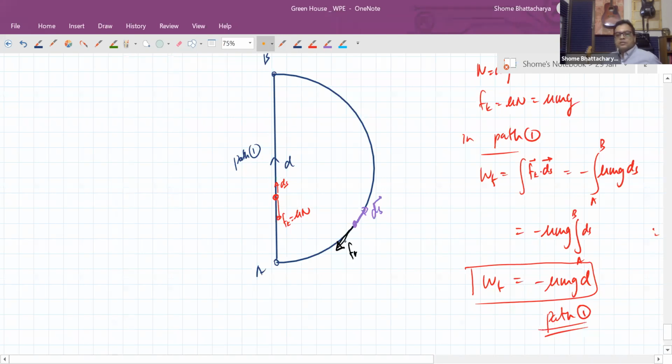It will be opposite. So again, the friction vector and the displacement vector are opposite each other. So for the second path also, the semicircular path, as you're going from point to point, you can see that always your differential displacement and friction will be in opposite directions.